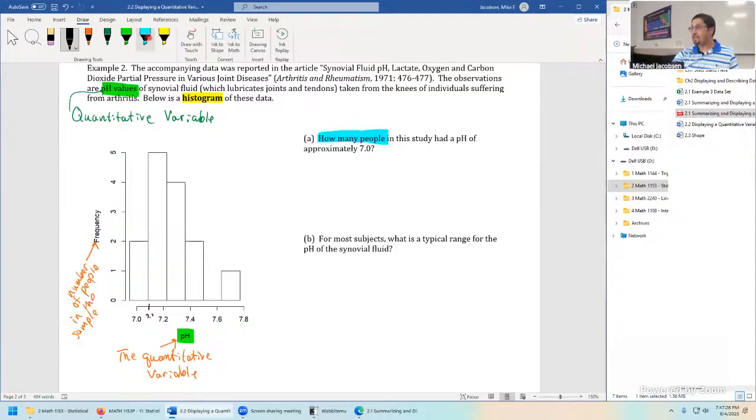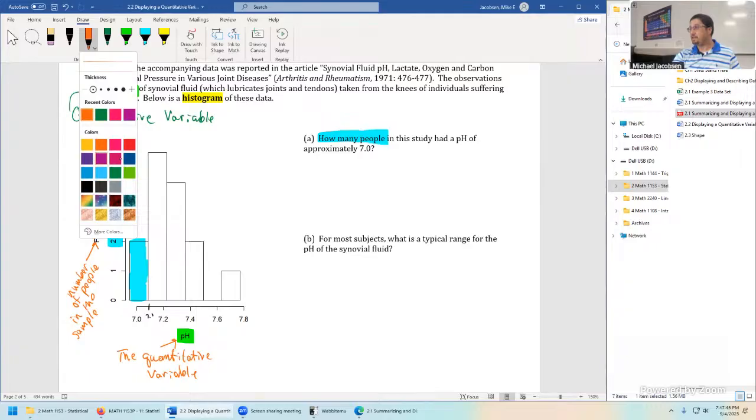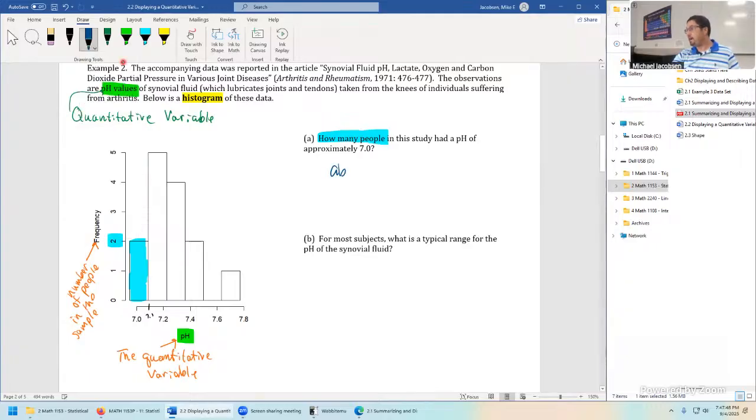So we can't say exactly, but it looks like there's about 2 people in this region, approximately at a pH of 7. So we'll allow that to be closer to about a 7.1 as well, and maybe around, say, a 6.8, 6.9 as well. Let's say here, about 2 people. So part A is just all about saying, what is the histogram trying to tell us? Where does the data actually end up? Any questions, folks, about getting this value, about 2 people?